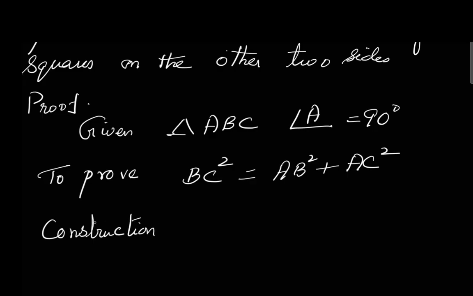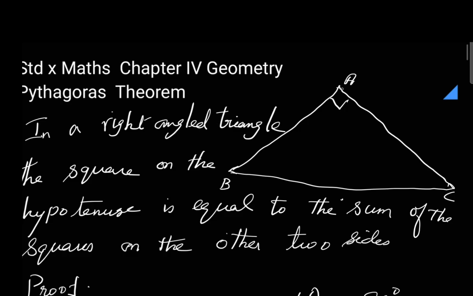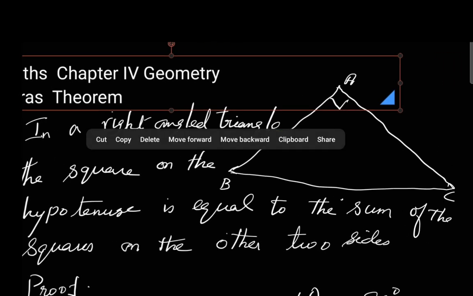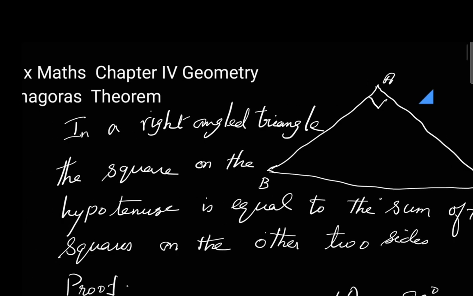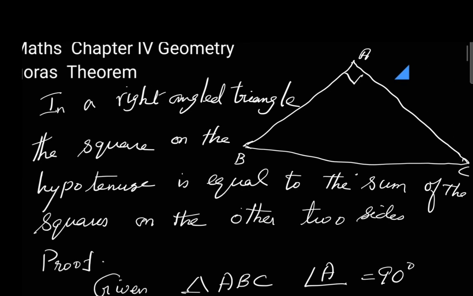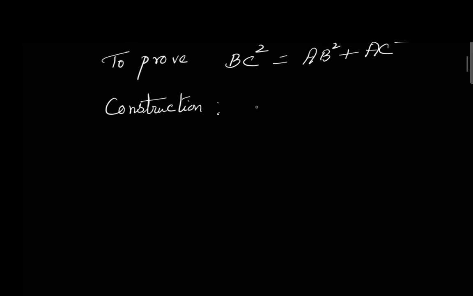The construction part: I draw a perpendicular line from A to the base. Draw AD perpendicular to BC. On both sides the angle is 90 degree.